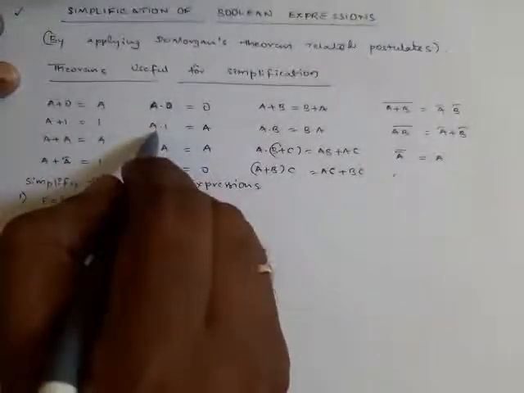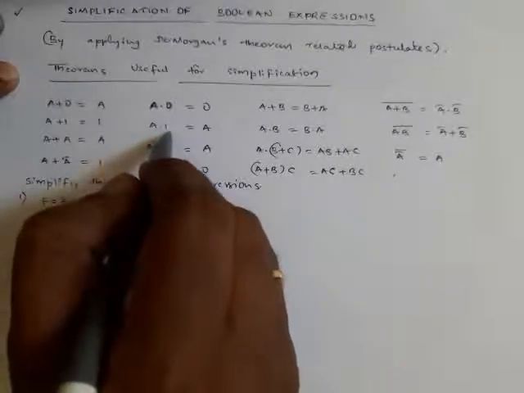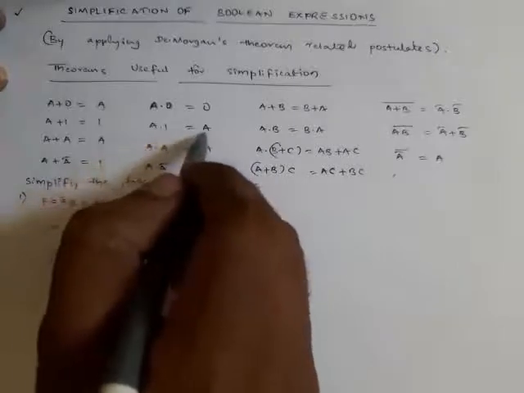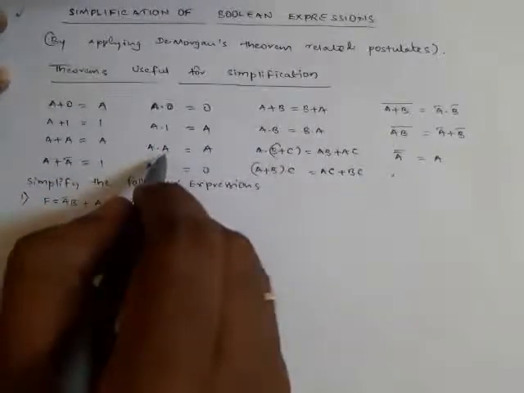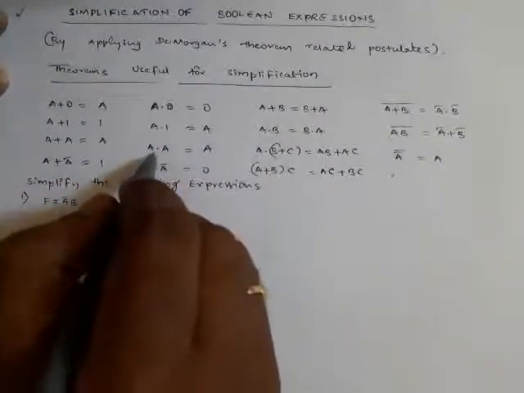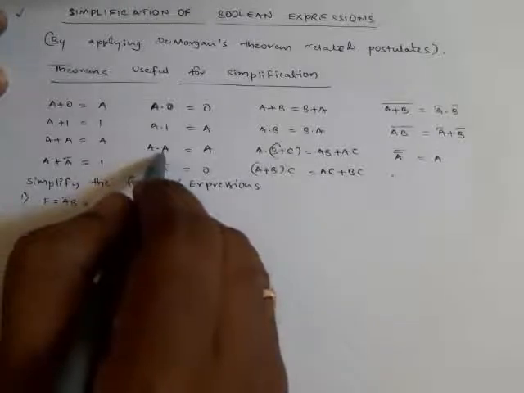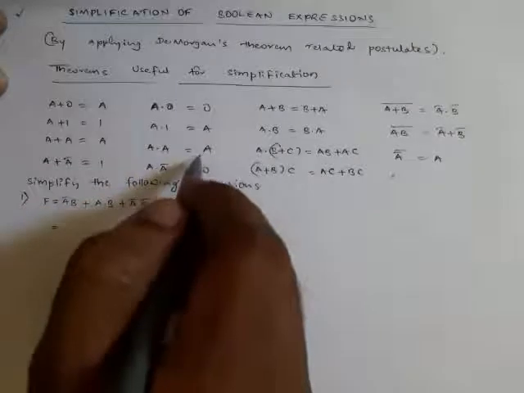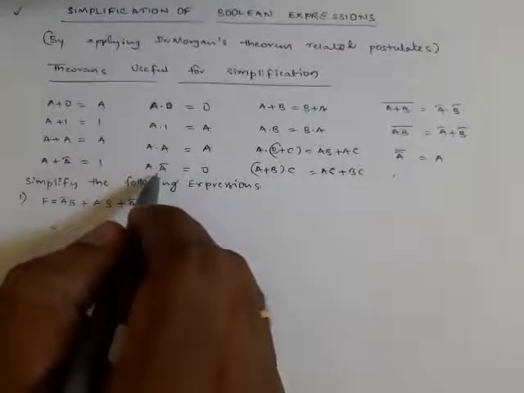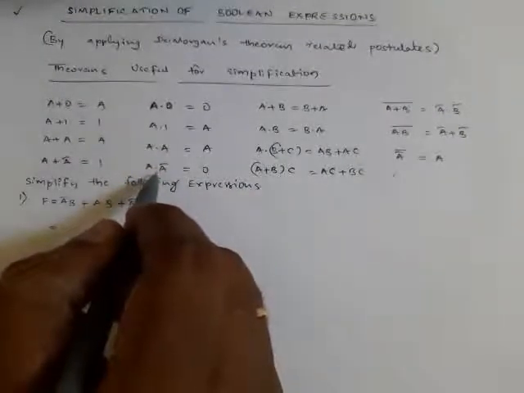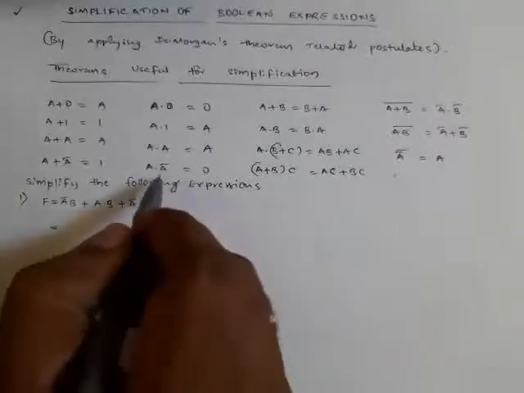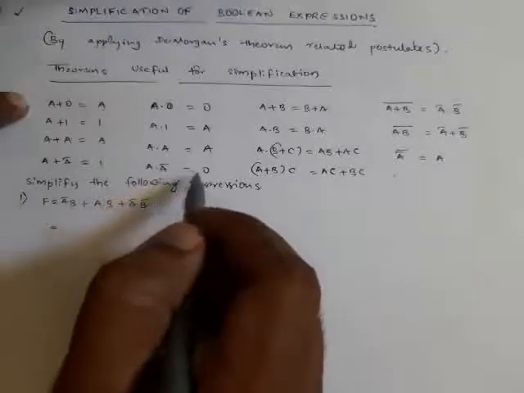And when AND function is performed between the variable and 1, the result is a only, that is a dot 1 equals a itself. When AND operation is performed between the variable and itself, then the result is the variable itself. And when AND operation is performed between the variable and its complement, the result is 0. So that is a dot a bar equals 0.